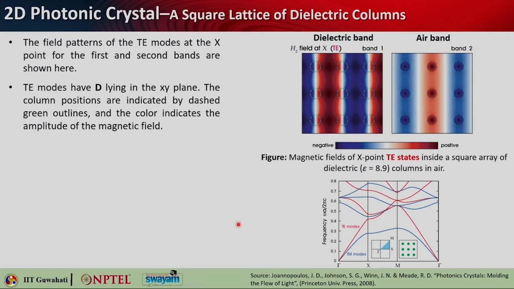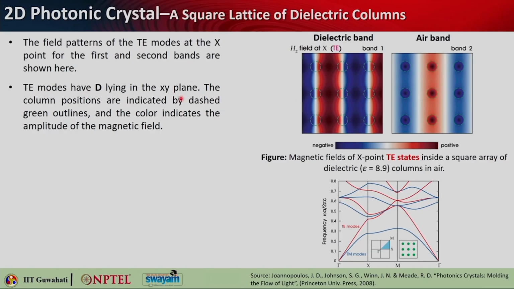Here you can see that the TE modes are basically lying in the XY plane. This is the top view. You can see these circles are basically your cylinders, so you are looking from the top.